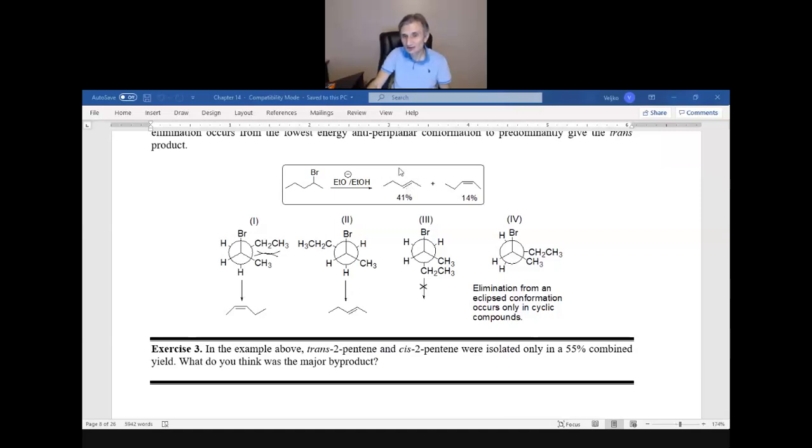And you can see that the Zaitsev rule is followed, the more substituted double bond is obtained. 2-pentene is the major product, but only 41%. 14%, 41 and 14, a total of 55% of Zaitsev product is formed. The remaining 45% is 1-pentene and various substitution products.